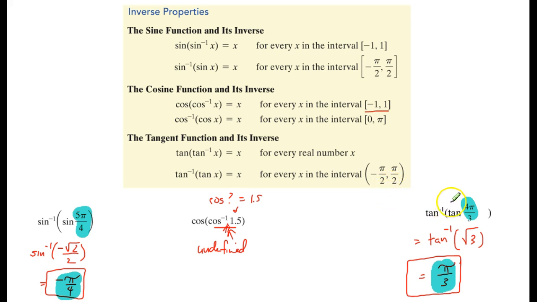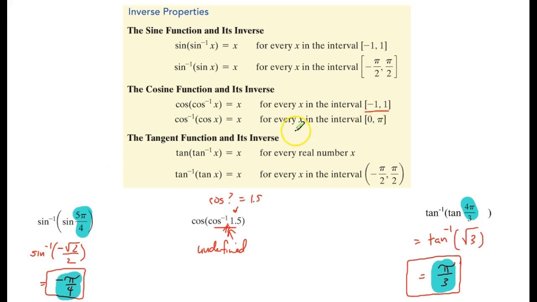When that happens, we have to make our way back into the interval, negative pi over 2 to positive pi over 2, to find the equivalent output of the arctangent. This goes back to the fact that arcsine and arctangent only give acute angles. 4 pi over 3 is not an acute angle, and 5 pi over 4 is not an acute angle. So because they only give acute angles, there's going to be some type of difference when we do an arctangent of the sine or tangent of an obtuse or even larger angle.